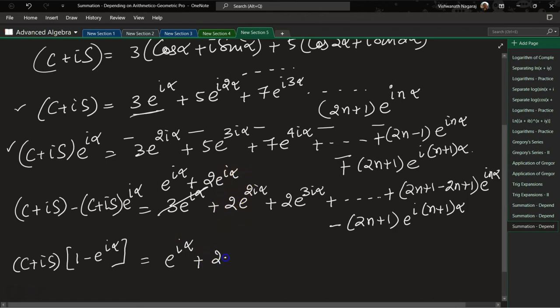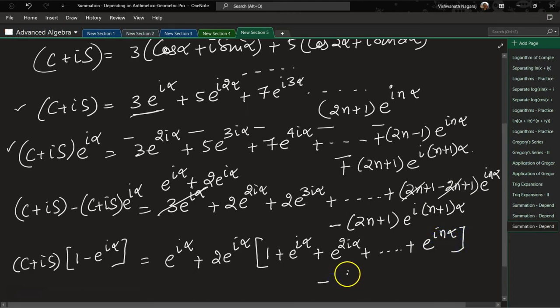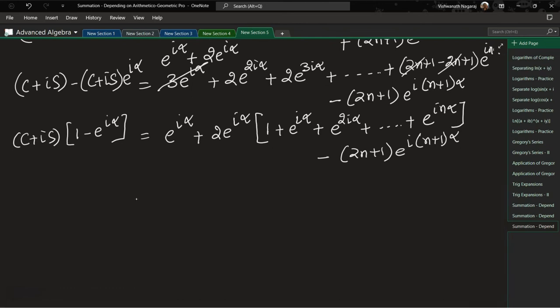So 2e to the power of i alpha is common: 1 plus e to the power of i alpha plus e to the power of 2i alpha, and on and on, plus what is this? Here 2 cancels, so 2 goes out. So e to the power of i n alpha minus 2n plus 1 e to the power of i times n plus 1 alpha. Now what else can we do?